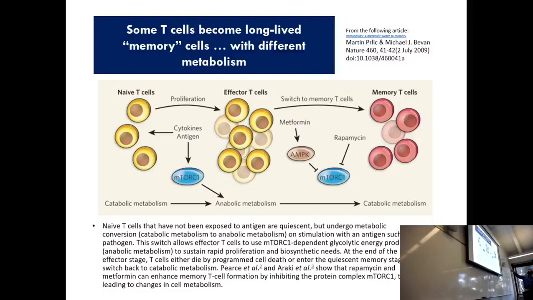Then after the problem goes away, some of them survive and switch to being memory T cells. And the memory T cells switch back to catabolism. So the different immune functions go with different kinds of metabolism. And then you can get down to the molecular biology of what the genes are that help with this switch inside the cell.